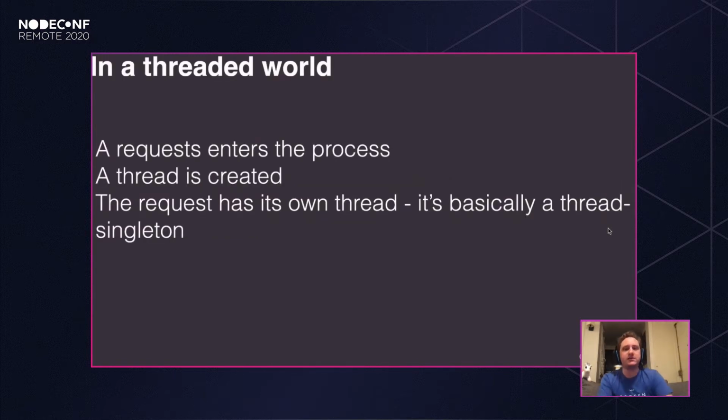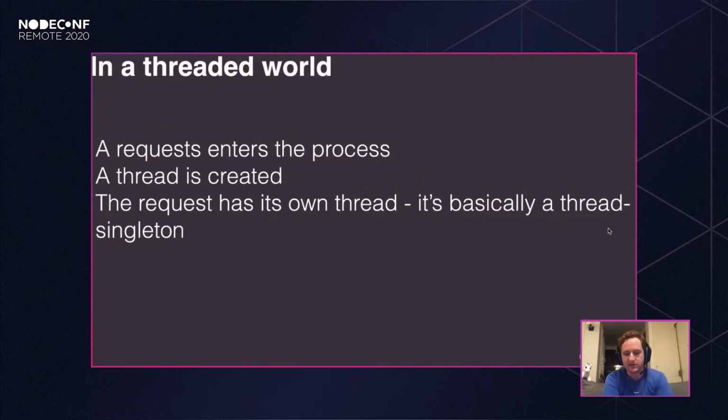Well, in a threaded world, like in PHP, Java, Ruby and Go, most of the time what they do is create a new thread for new incoming HTTP requests. And a thread store, where they can store something that is linked to this thread, and that's a singleton in this thread.